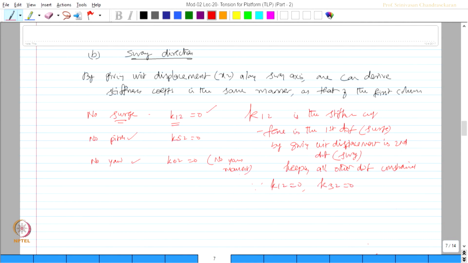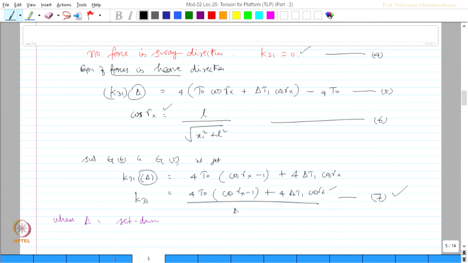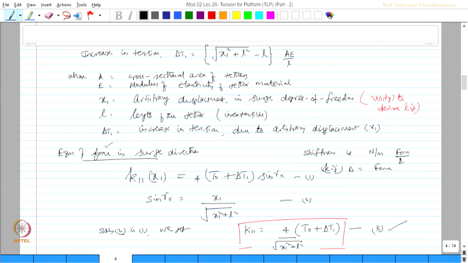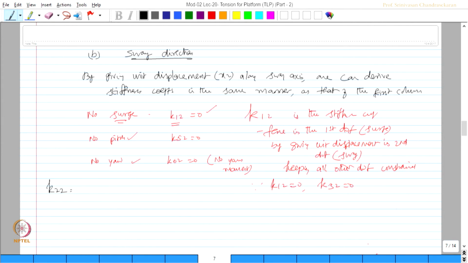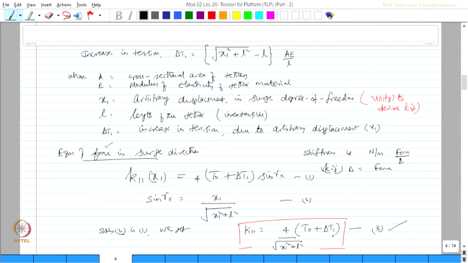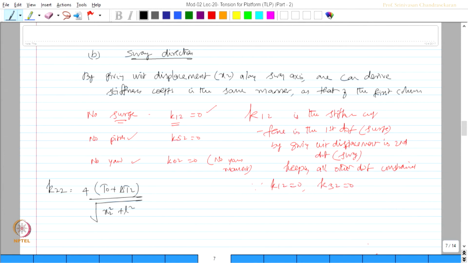Okay. Now, I am interested in finding out K22, which is similar to that of K11. See here K11, T0 plus delta T1 by this. Similarly, I can write K22 as T0 plus delta T2, divided by square root of x2 square plus L square, 4 times. You can see here I have only replaced this with second suffix as 2. Once I know K22, I can now find K32 also.